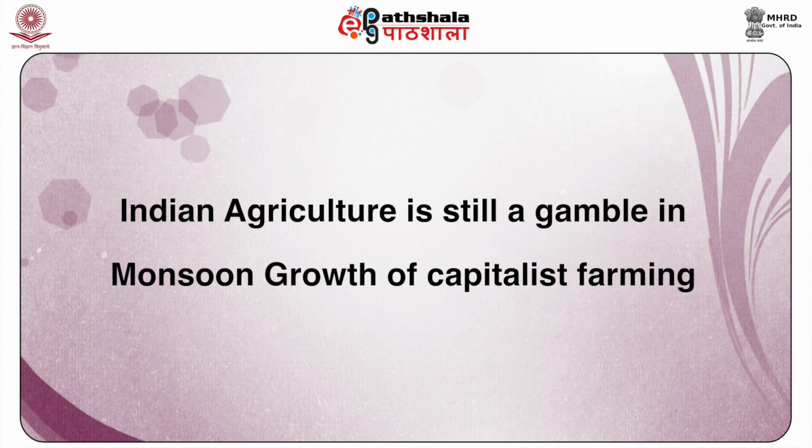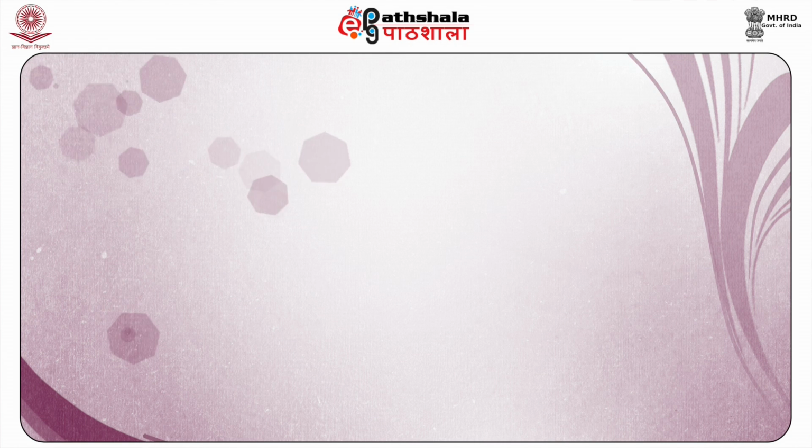Next, growth of capitalist farming. The new agricultural strategy, although neutral to scale, has an important aspect which does not allow small and marginal farmers to reap its benefits. The three critical inputs need to be purchased from the market as they are not available within the rural households.